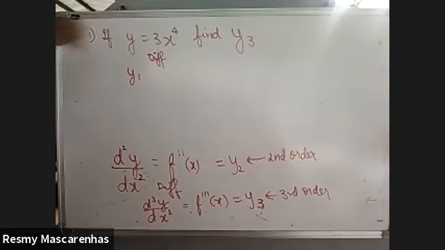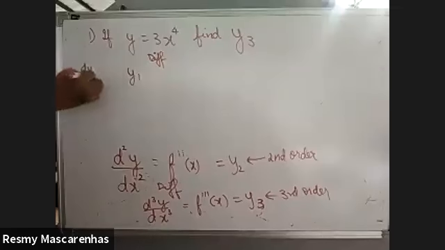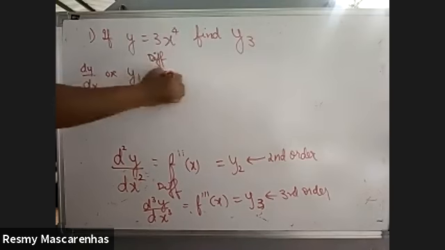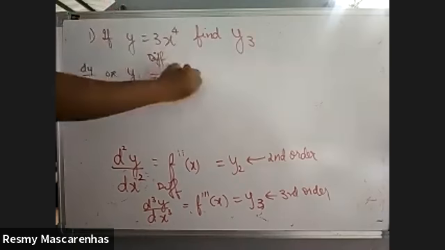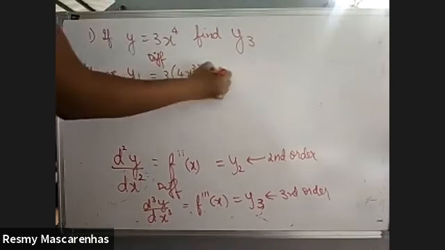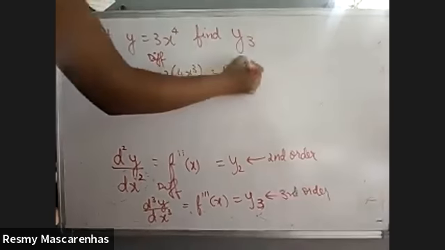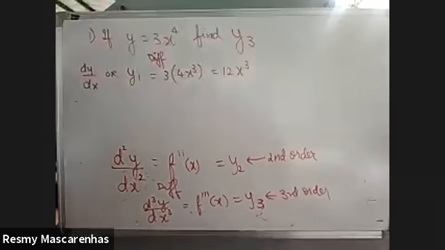Whichever you are comfortable with, you can write, but since they have given it like this, you follow that. The derivative of x raised to 4 is 4x cube, and 3 is a coefficient, so the answer will be 12x cube.